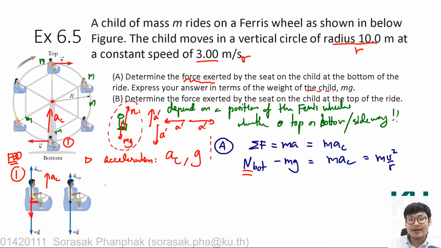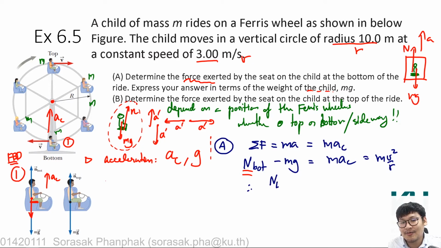It's like in the elevator. Can you remember that? If you weigh yourself on the balance and the elevator is accelerating upward, you have your weight mg, and you have the normal force. In this case, you will gain weight while measuring your weight, so your apparent weight, or in this case the exerted force, is mg plus mv squared over r.